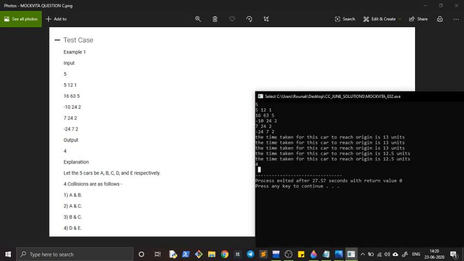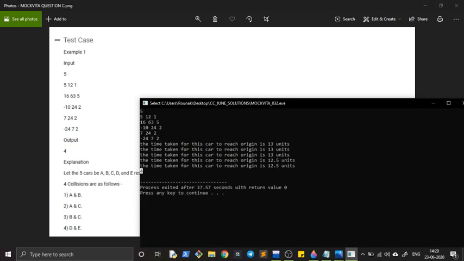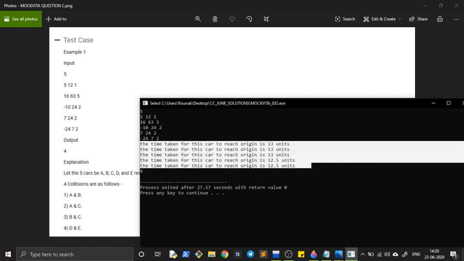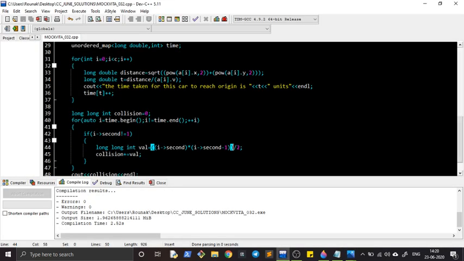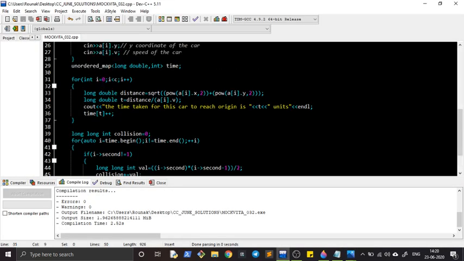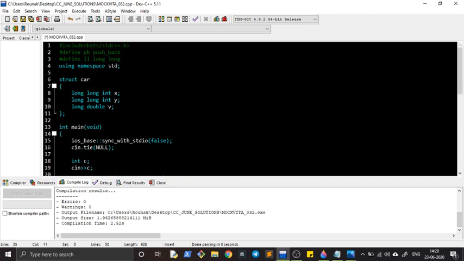So we are getting the right answer, and our logic is working fine because it matches the explanation. Our logic is directly related to the explanation, so we can comment that out. We don't need that in our final answer. So this is the code.